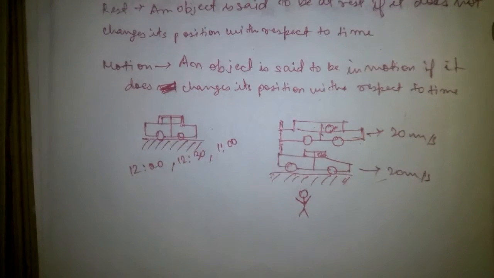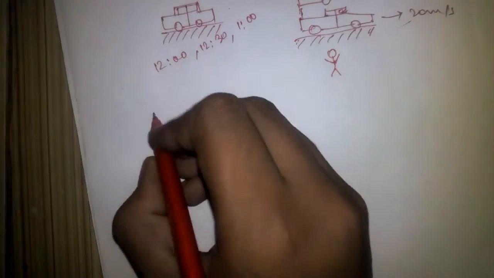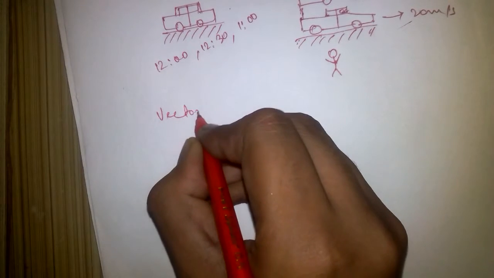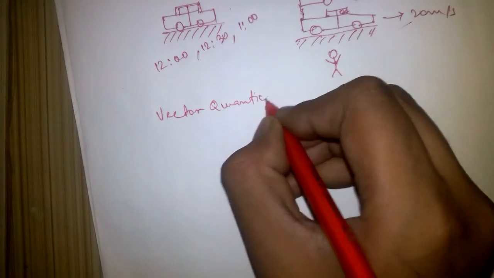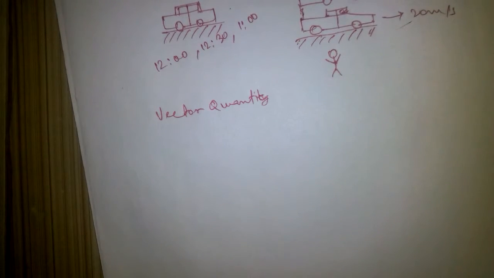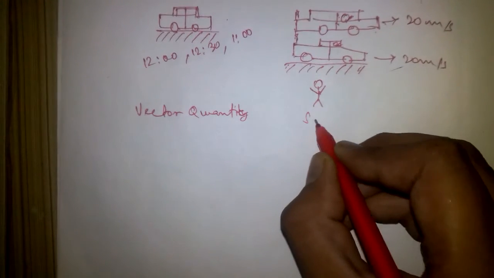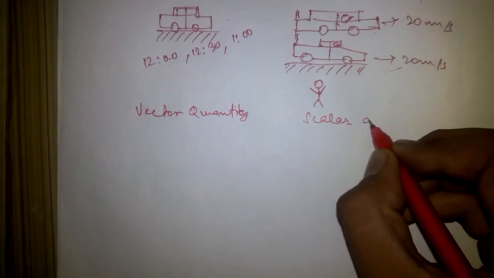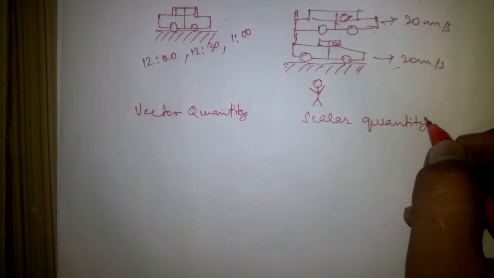Now let me introduce you to vector and scalar quantities. So what is a vector quantity? To know a vector quantity, you should first know what a scalar quantity is.